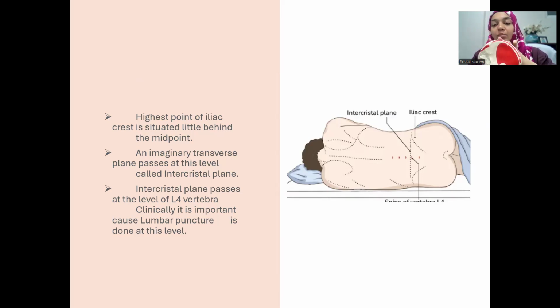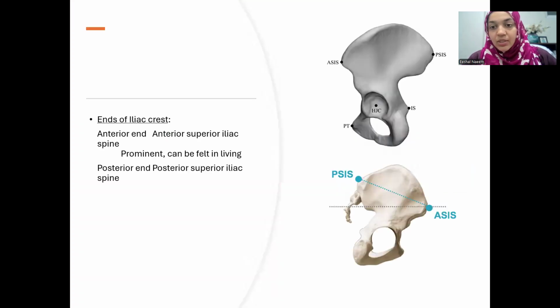It's just one lumbar vertebra higher than the iliac tubercle. So the two crests join to give you the intercristal plane at the level of L4, and the two iliac tubercles join to give you a transtubercle plane at the level of L5. It's important for anesthesiologists to give you the L4, L5 lumbar puncture injection before some special operations.